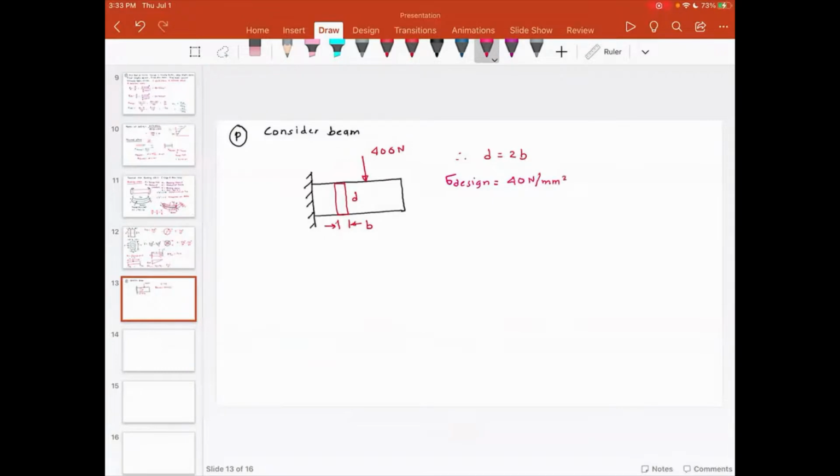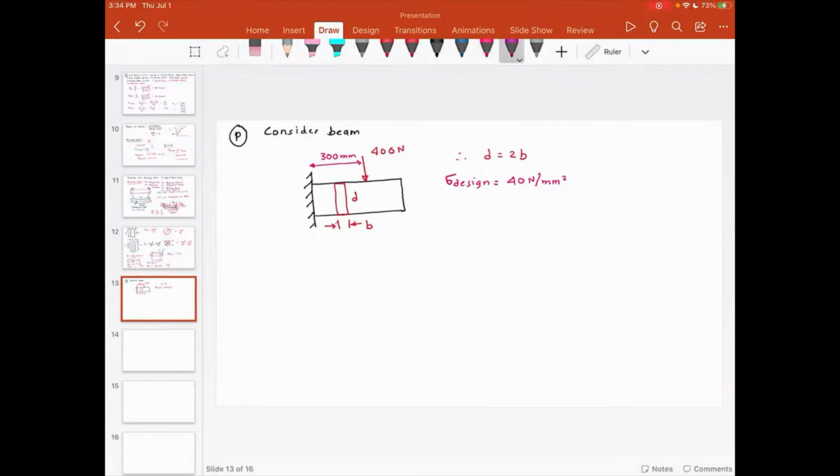The beam is cantilevered and the load is 400 newtons, and this load is not acting at the end. This load is acting at a distance of 300 millimeter from the support, and this is something to take note of. The beam is longer than 300 millimeters, but this load is acting at 300 millimeter.